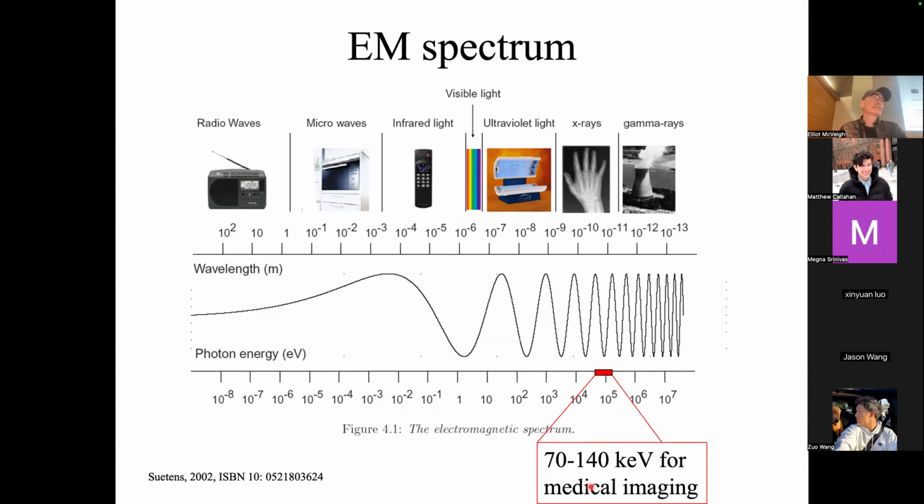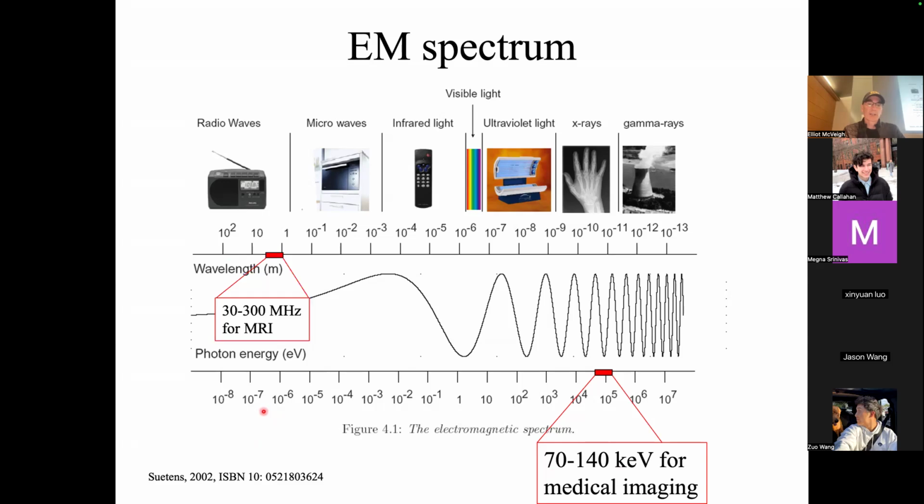They come in packets, like particles. So when you're talking about X-rays, it's convenient to think of these photons as particles as opposed to a wavefront. And the particles we're looking at will have energy somewhere between 70 and 140 keV, and we'll see what that means in a minute. MRI is done all the way down here.